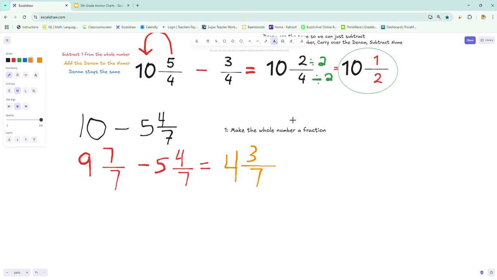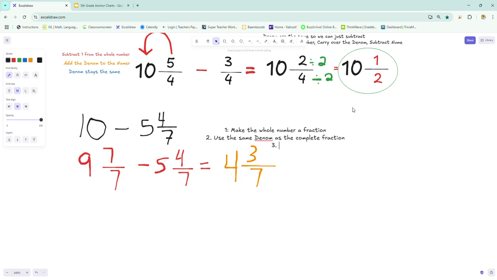Okay. Now I am going to go back to our steps because I didn't put any other steps. So step 1 is going to make our whole number a fraction. Step 2 is we're going to use the same denominator as the complete fraction.